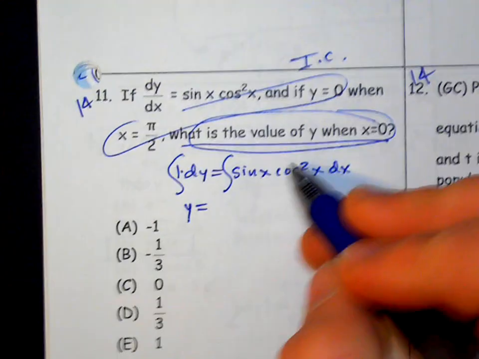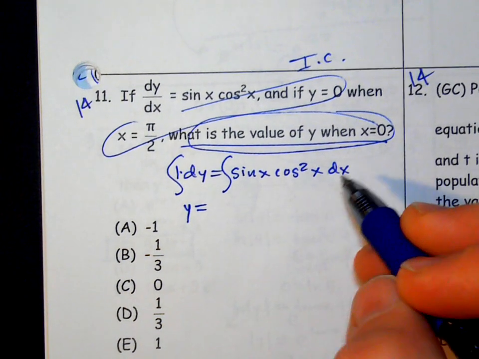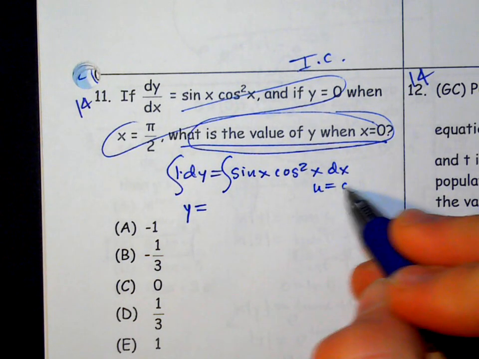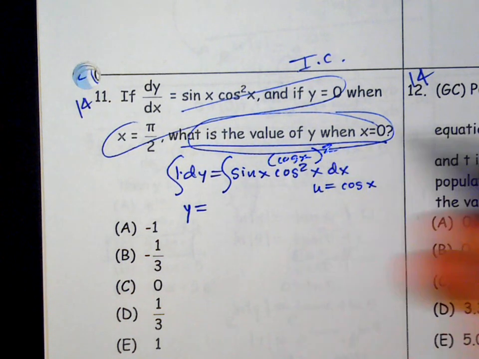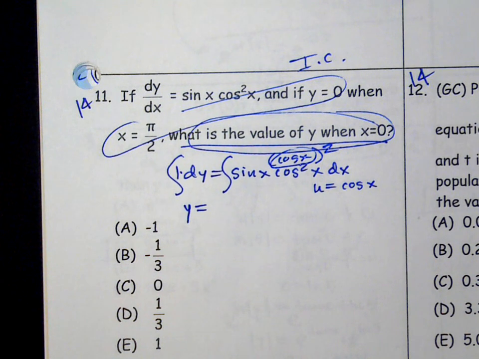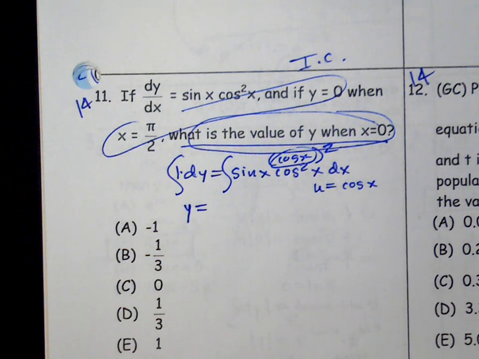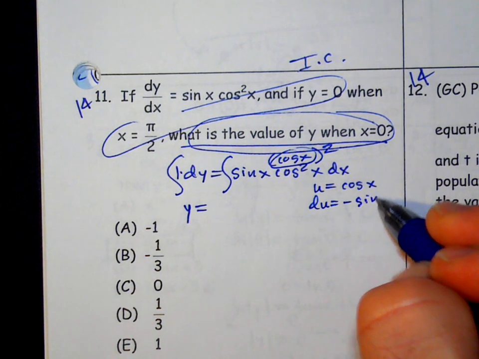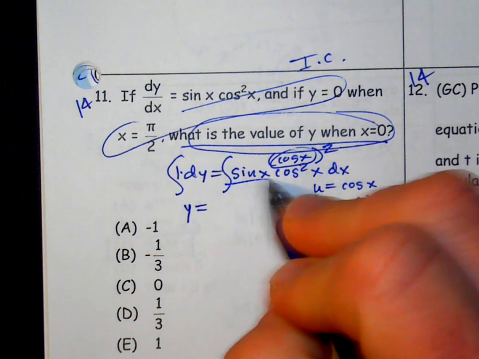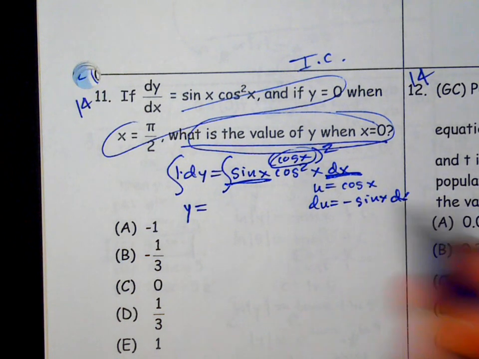Now, this looks like a good opportunity for u-substitution. u equals cosine x. Remember, this is cosine x squared. So cosine x is clearly the function that seems to be inside another function. And then the derivative of it would be negative sine x dx, which is good because you see a sine x dx here. Now, we don't want the negative.